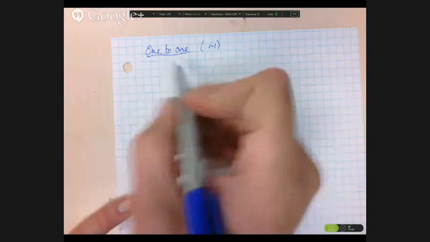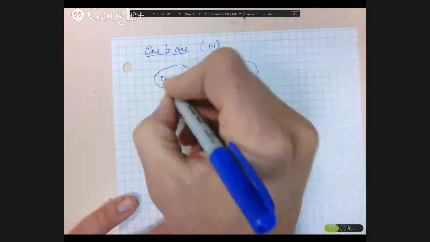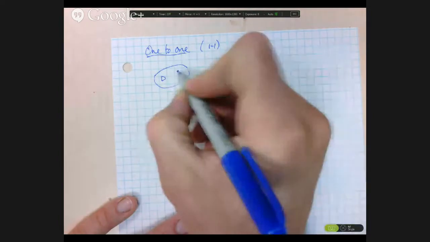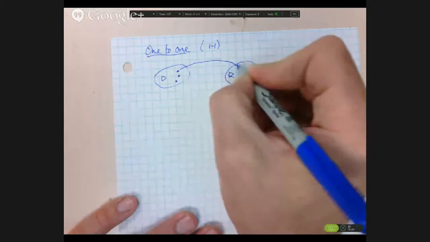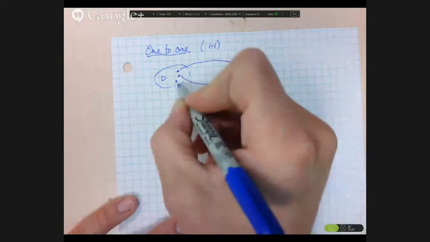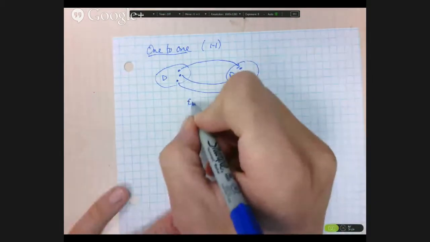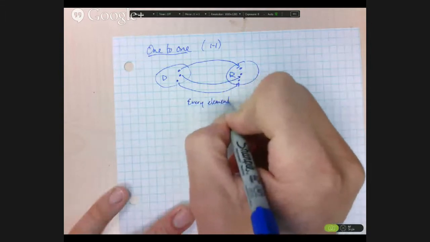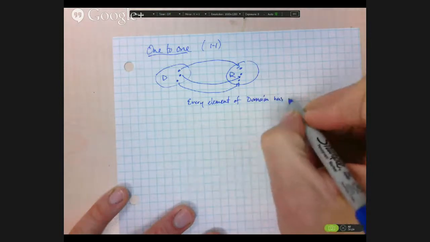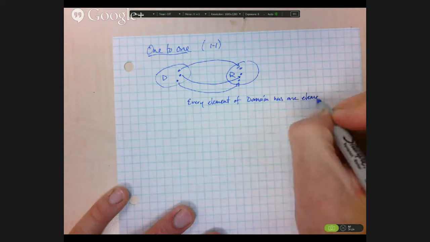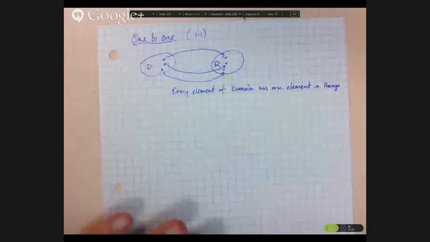A one-to-one function takes every element of the domain and maps it to a single element in the range.